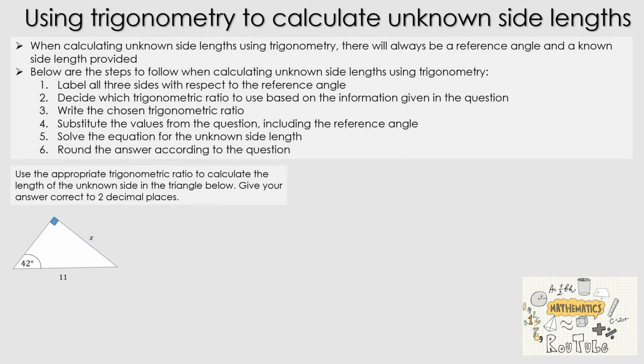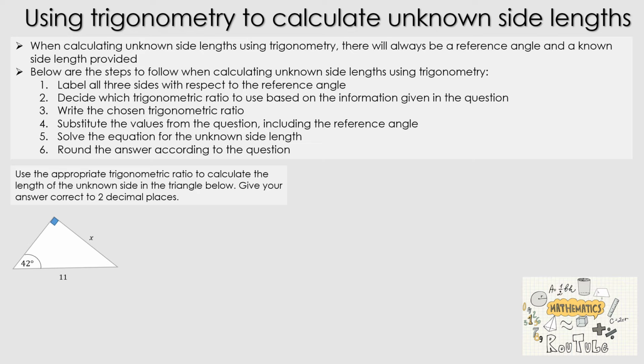Now let's have a look at using trigonometry to calculate unknown side lengths. At the start of this video, I said you can use trigonometry to calculate unknown side lengths and unknown angles. So let's have a look at doing the first of those, unknown side lengths. When calculating unknown side lengths using trigonometry, there will always be a reference angle and a known side length provided.